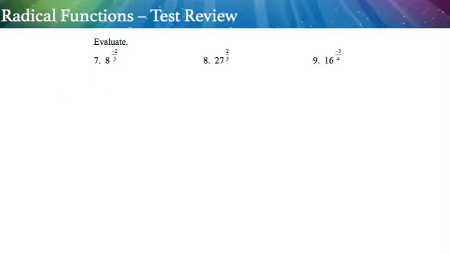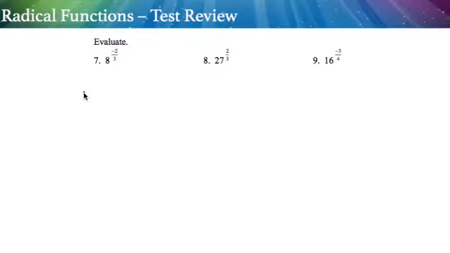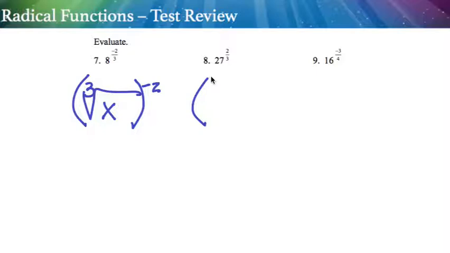We're going to go ahead and do these problems here. Now, I want you to notice that these are part of the non-calculator portion of the test. So what I'm doing is making sure that the 27 right here is going into the root, and the root is that bottom number, the 3, and the 2 is on the outside.